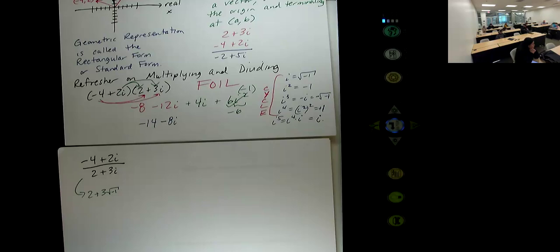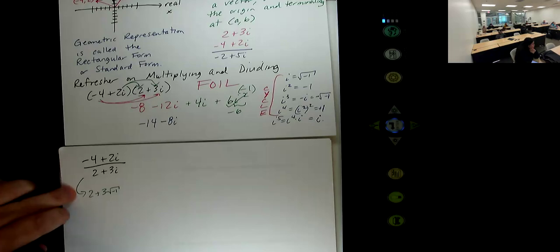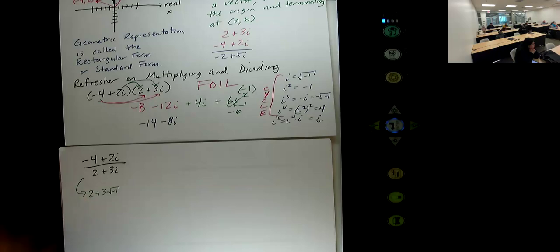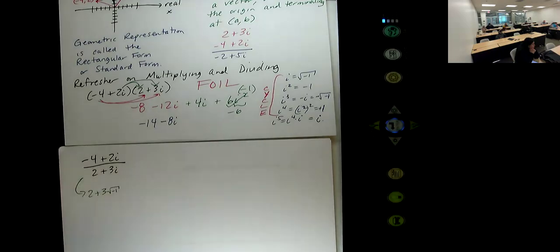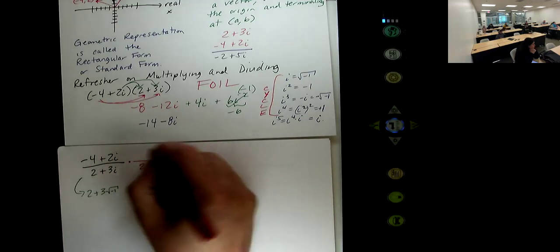Does anyone remember what we do when there's radicals in the denominator? We could multiply by the radical, but when there's a plus sign, or when there's two things on bottom, we gotta do the conjugate. The conjugate is change the sign on the one with the radical. So what we're gonna do is multiply this on top and bottom by 2 minus 3i.